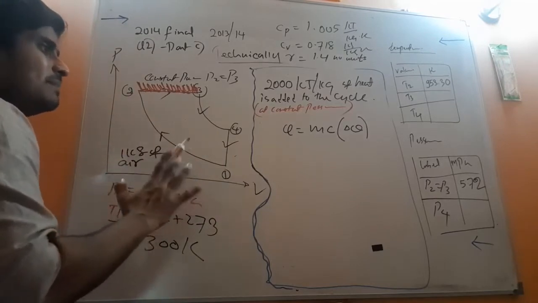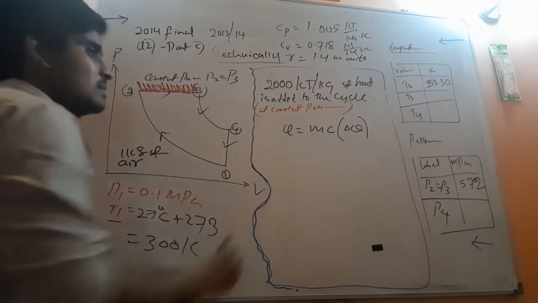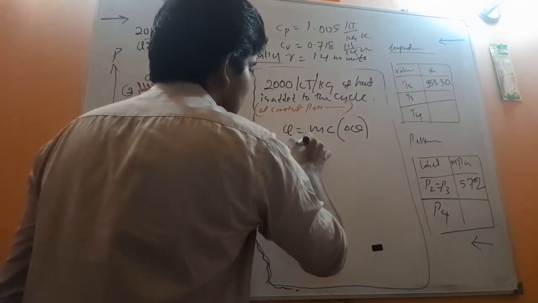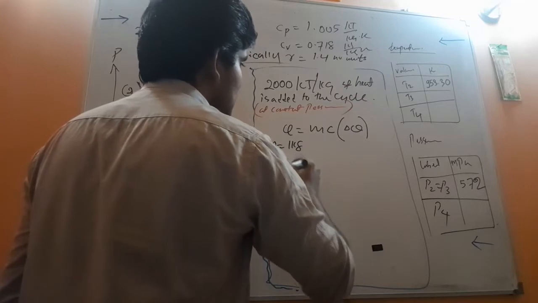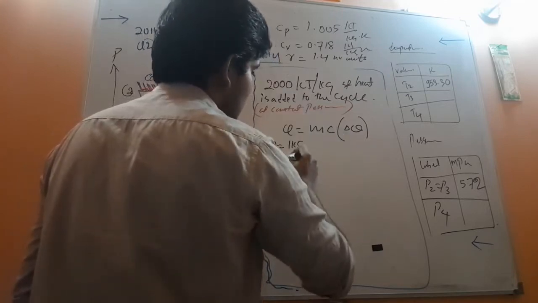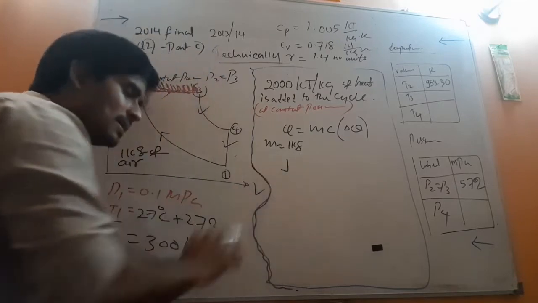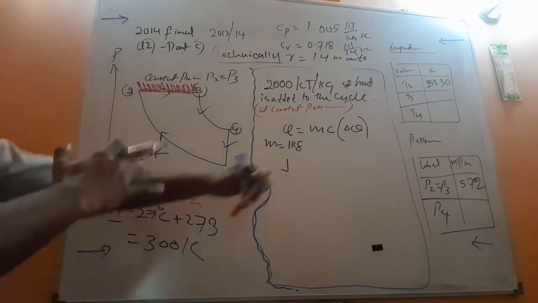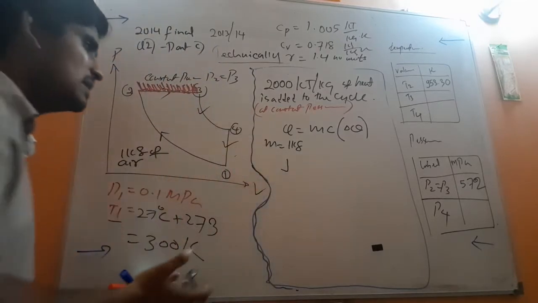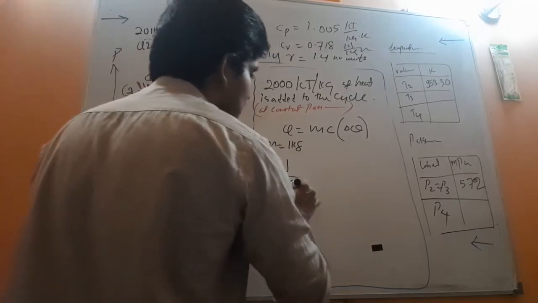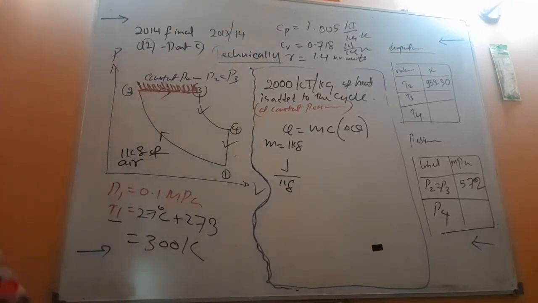So that means m is 1 kilogram. Q will come in joules. Okay, that's correct. But if you consider 1 kilogram, that means joules per kilogram, right? No problem.